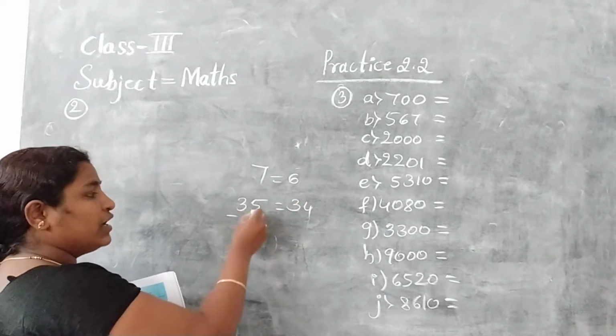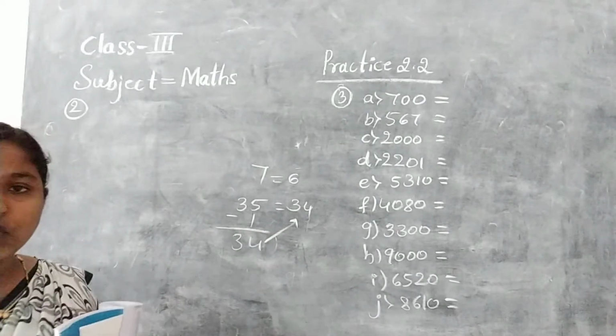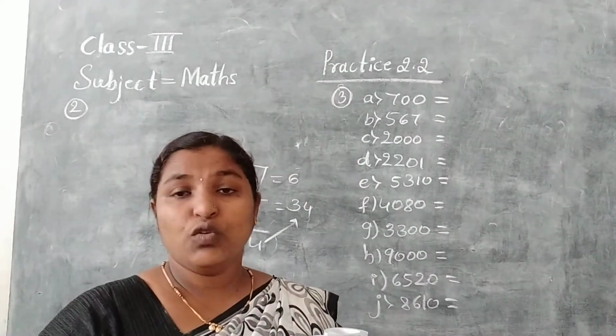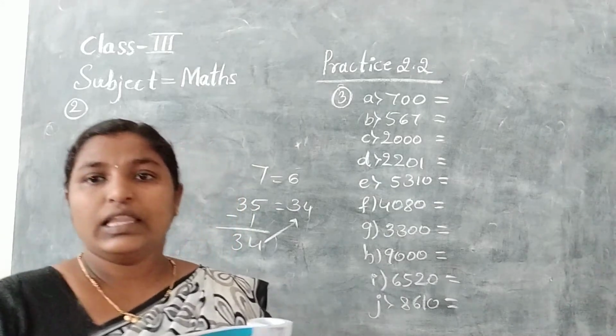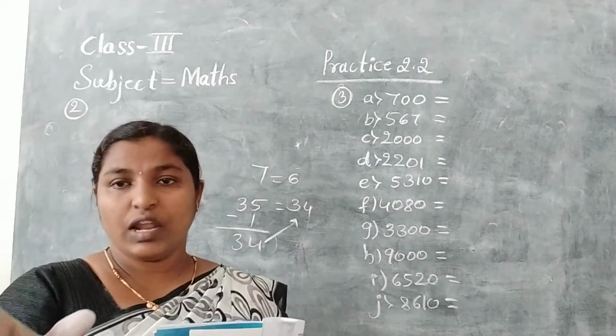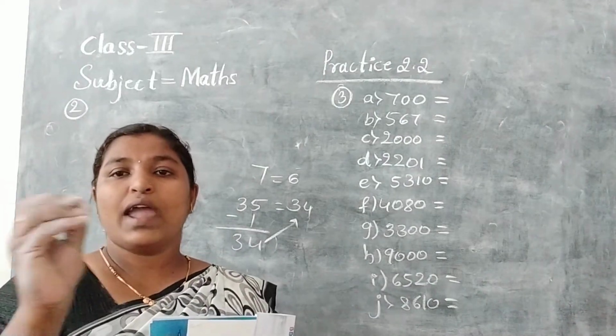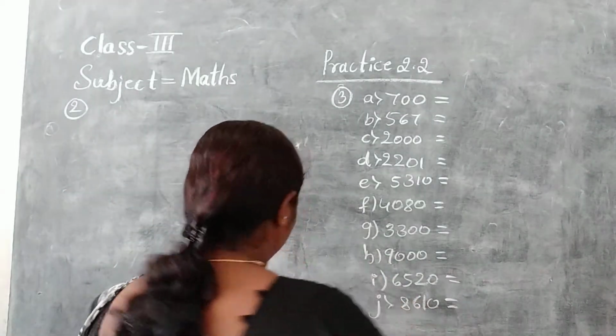Or 35 minus 1 is 34, that is the answer. Two tricks, so whichever you feel is easy, you do that. To write the predecessor, write the number just before the given number, or else do minus 1 to the given number. Okay, let's do this.